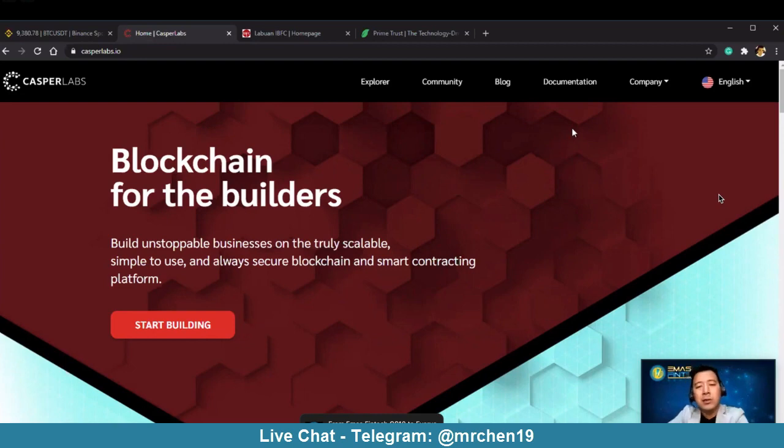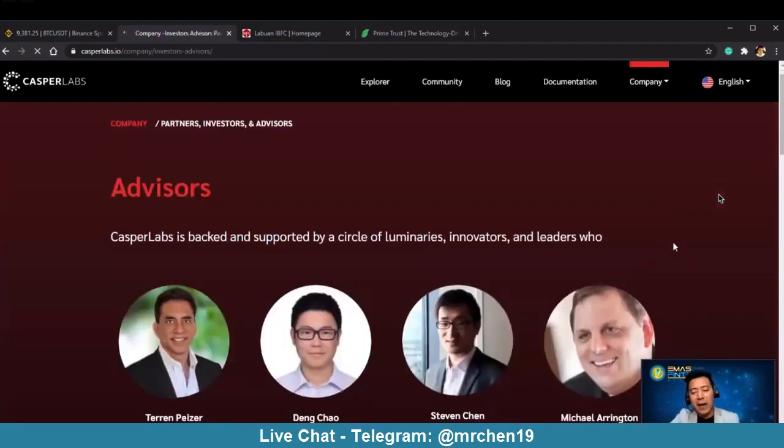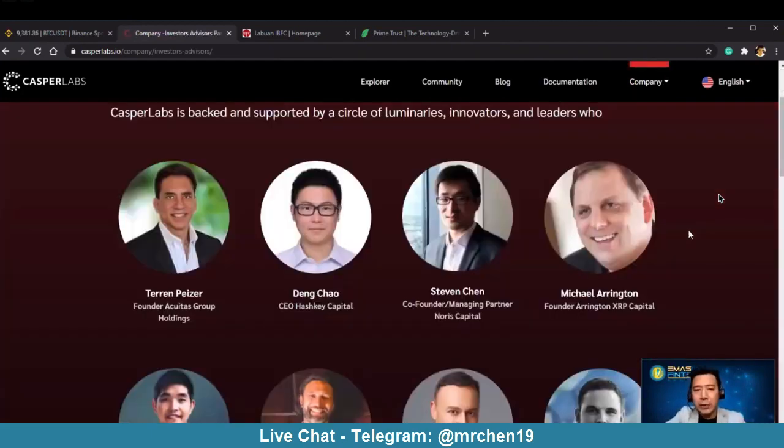Okay, we should understand one thing: blockchain builders are not one individual, it's actually a group of people. Let me show you this. Investors, advisors, and partners. These are all the advisors who are contributing to developing Ethereum 2.0.